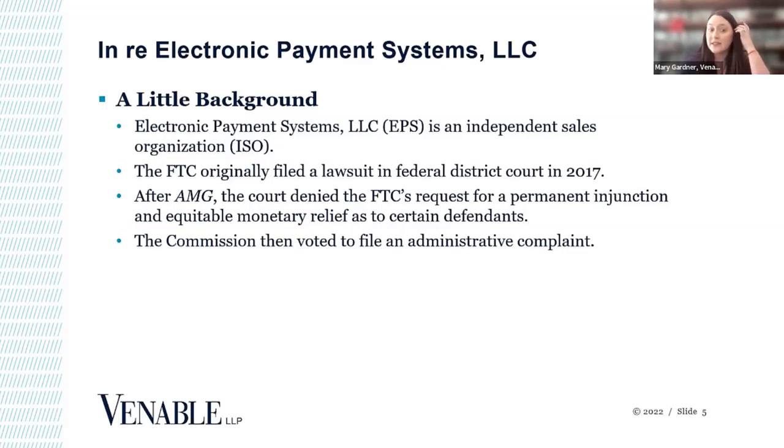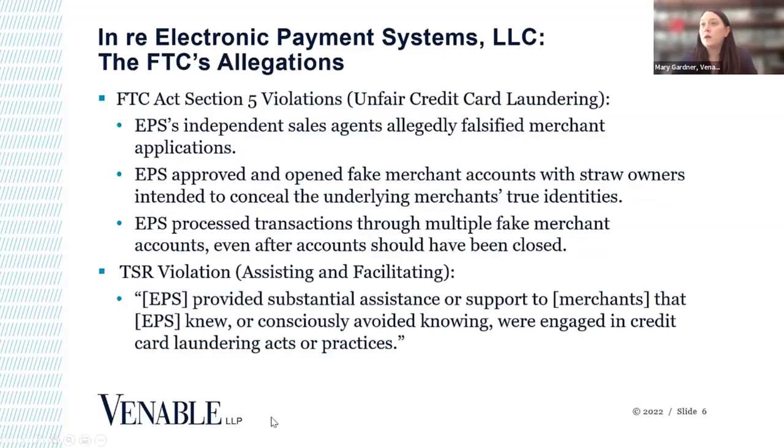In the wake of that decision, the commissioners voted to file an administrative complaint against EPS and certain of its owners. And the allegations in that complaint dealt with credit card laundering.